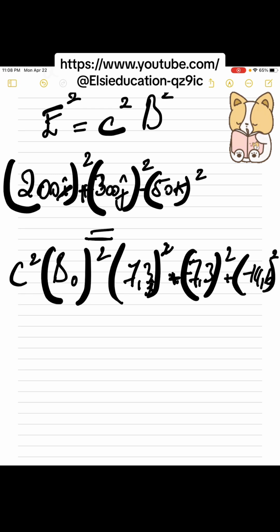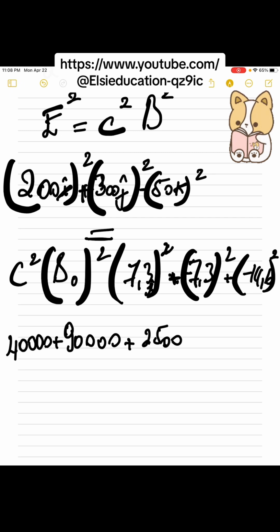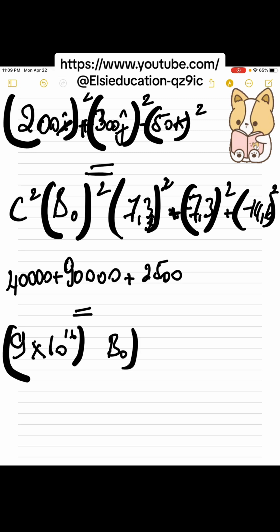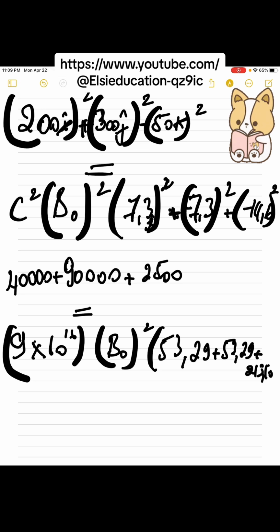So now this is going to be 40,000 plus 90,000 plus 2,500, my bad, equal to 9 times 10 to the power 16 times B initial squared, multiplied by 53.29 plus 53.29 plus 213.16.